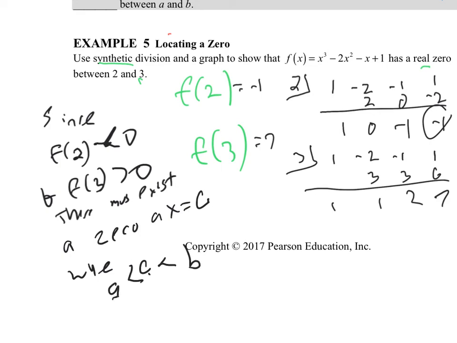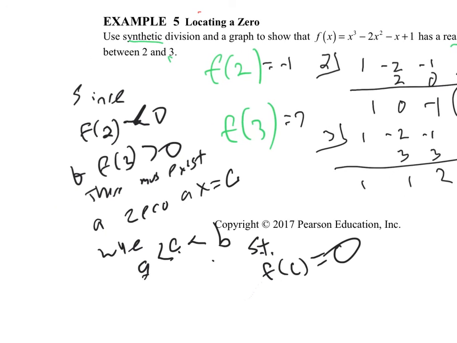C is in between a and b, such that f of c is 0. I can't get much fancier than that.